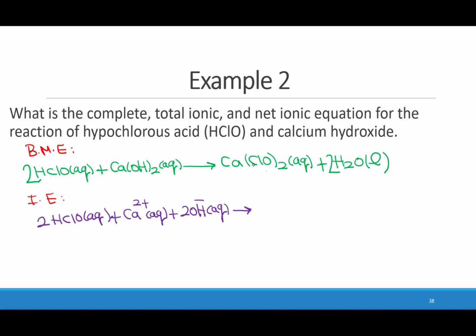This compound right here is an ionic compound in aqueous state. Therefore, it will separate and produce calcium ion and hypochlorite ion.